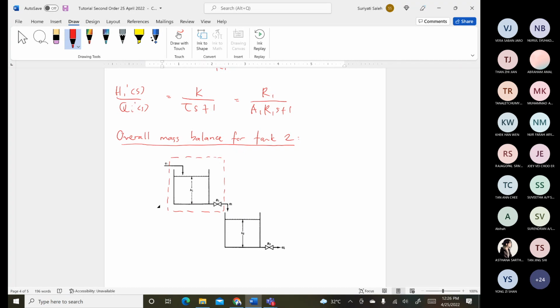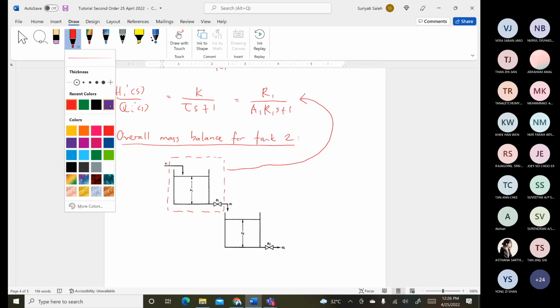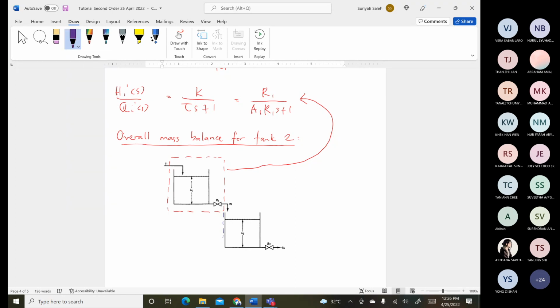This first boundary covers the inlet valve at Q1, resulting in the following transfer function. Now, if you want to begin the overall mass balance for tank 2, we need to set up another boundary, where our boundary for the second tank should be like this. So this is the boundary for the second tank.